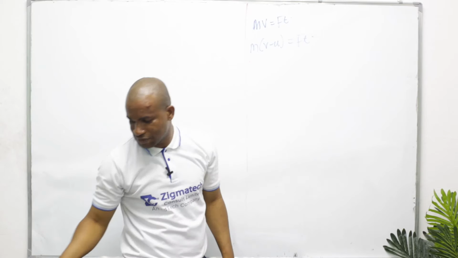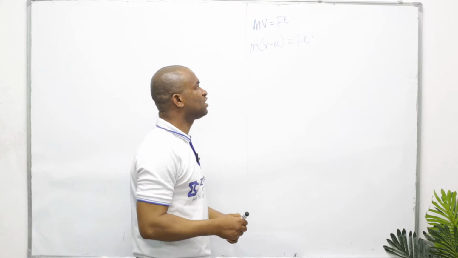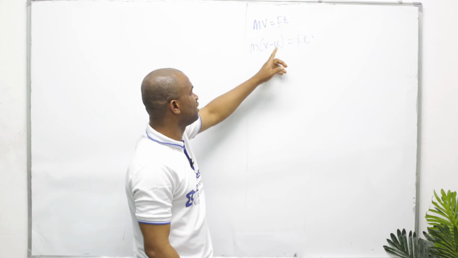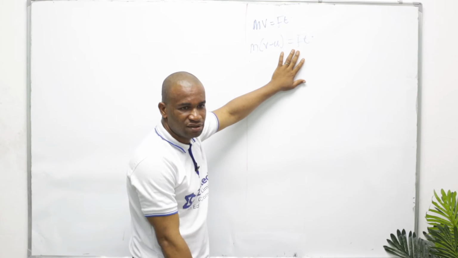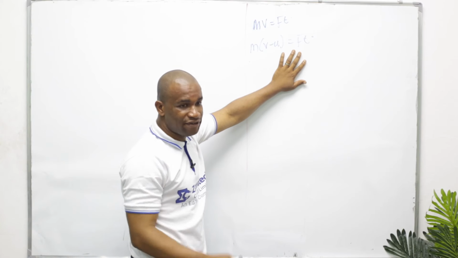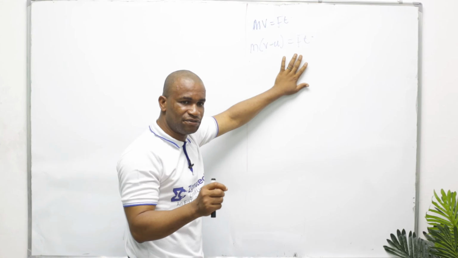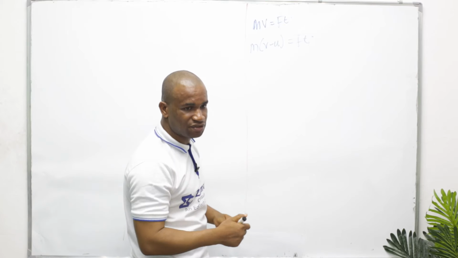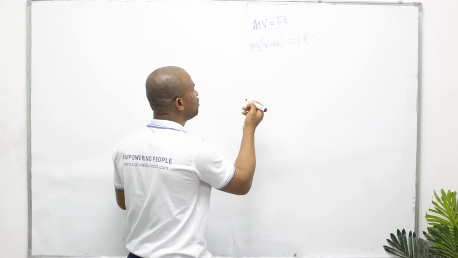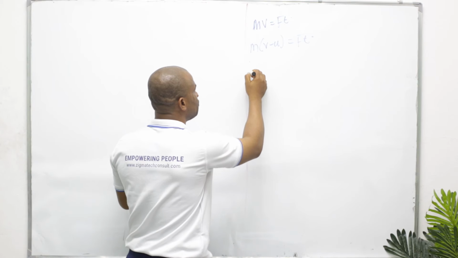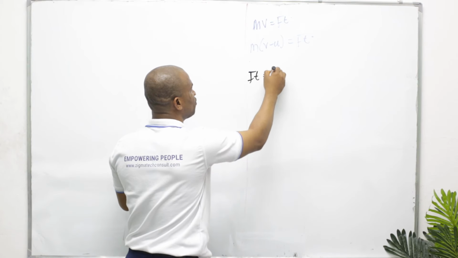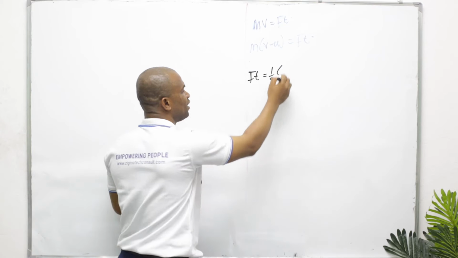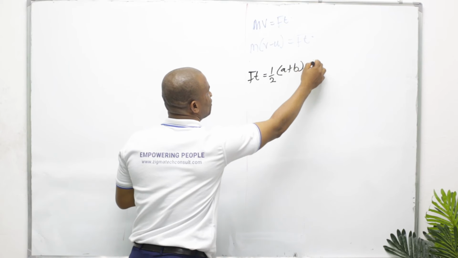The impulse is F times T. So what I'm going to do first is find the FT. The FT is the area under the curve, and the area under the curve is found using the trapezium, because that's the shape. So FT is going to be equal to half bracket A plus B times height.